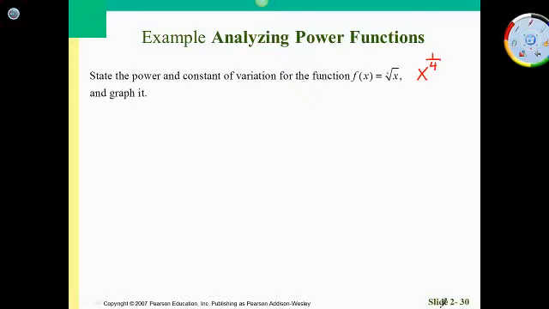So I'm going to state the power then is the 1/4 power, right? And the constant of variation is the number in front. What's in front? 1. Okay.